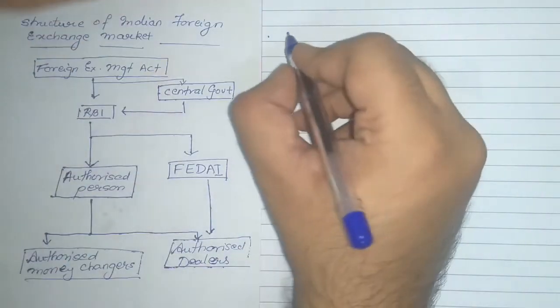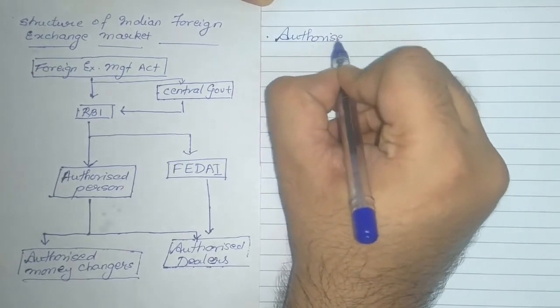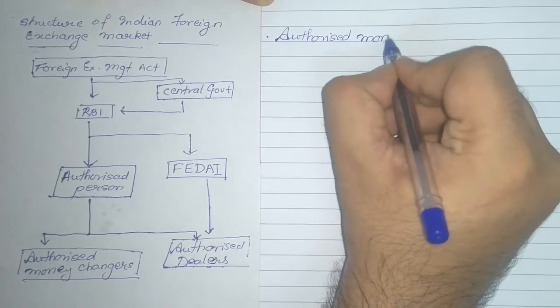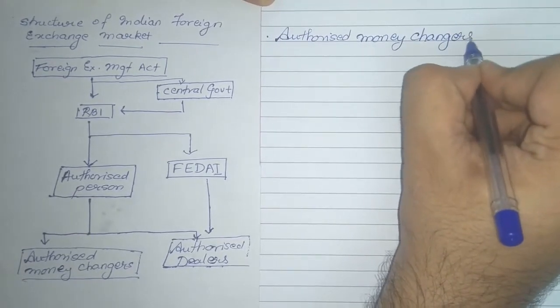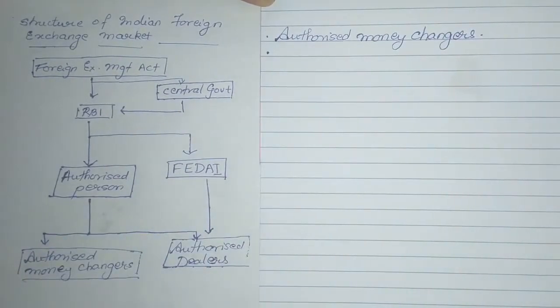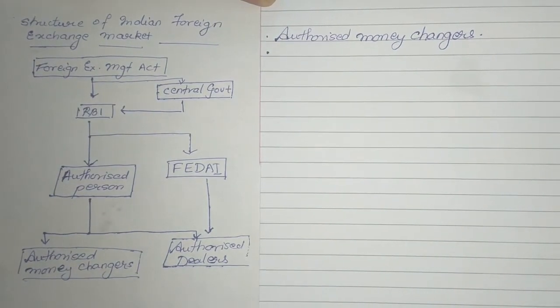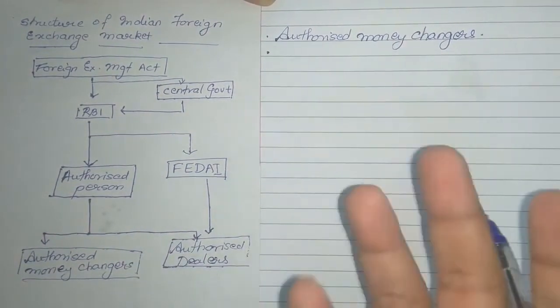Now let us understand what are authorized money changers. Authorized money changers are, in simple terms, licensed entities permitted to provide facilities for encashment of foreign currencies for travel related instruments, such as foreign currency notes and traveler's checks.